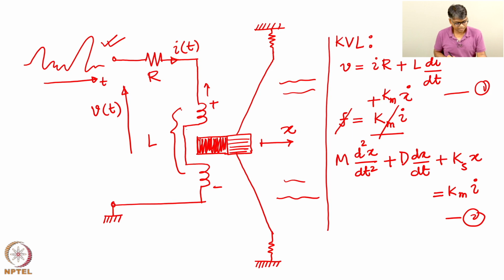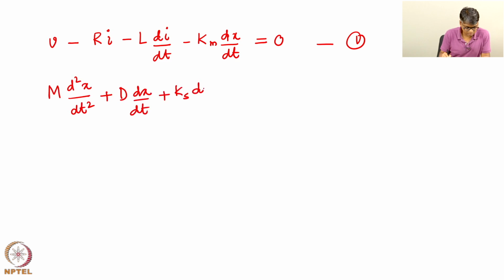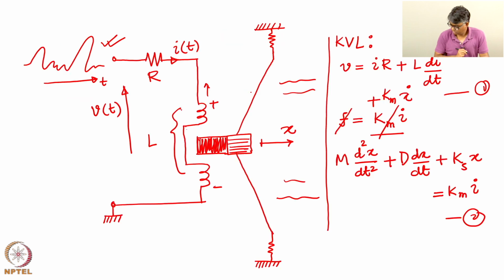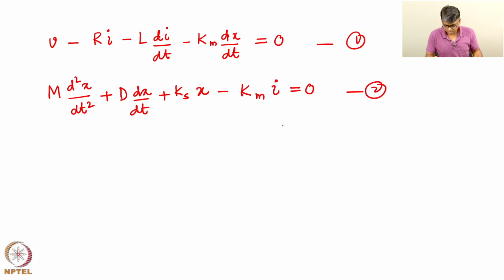And we have the other mechanical equation, which looks like m d square x dt square plus d dx dt plus ks times x minus Km times I equal to 0. That's my equation number 2. So my variables are V, I, and x.